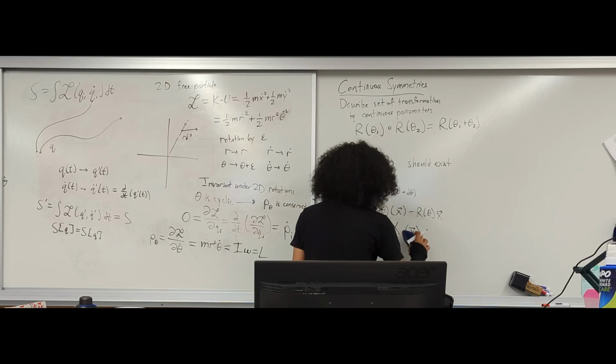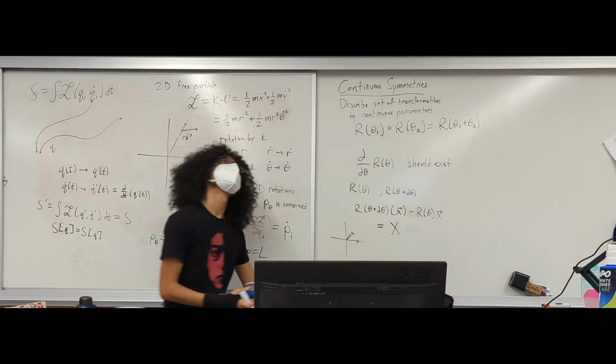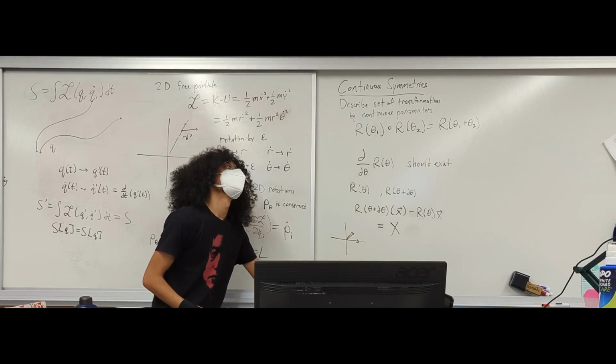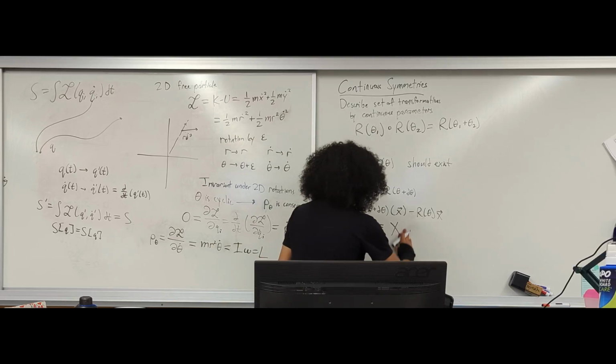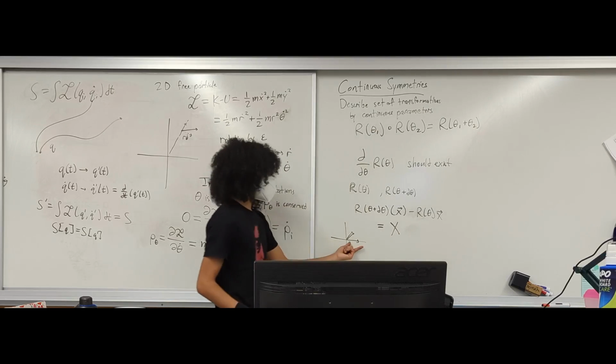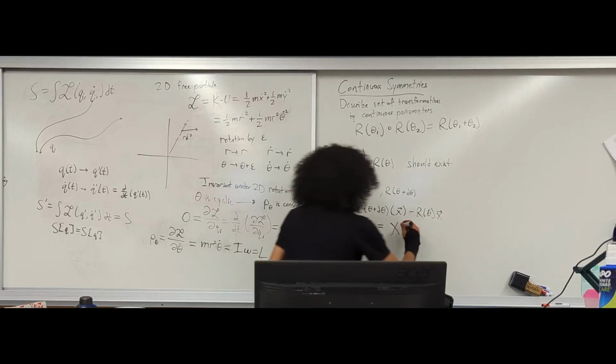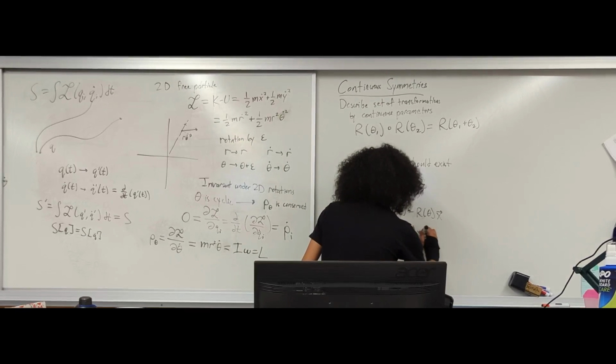Or sorry, I don't think it actually depends on... It depends on the group. But let's say for this example, this new transformation doesn't depend on what you originally transformed, but the size of it gets modulated by this d theta.